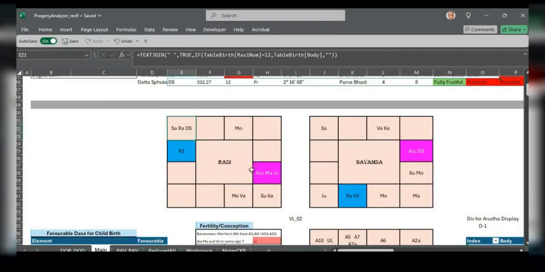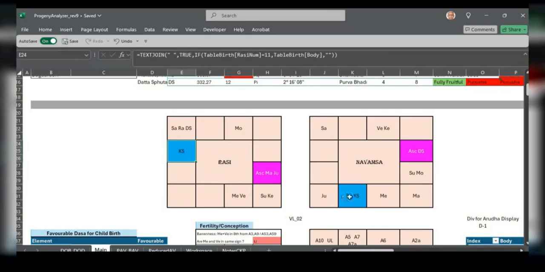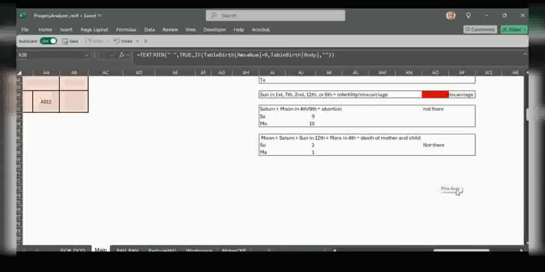The Bija Sphuta and Kshetra Sphuta seem to be fairly okay here, but if you see the Navamsa, it is severely afflicted by the Rahu-Ketu axis, so it is problematic here. If you see Saptamsa and all that, you can check where these Sphutas come in various charts.